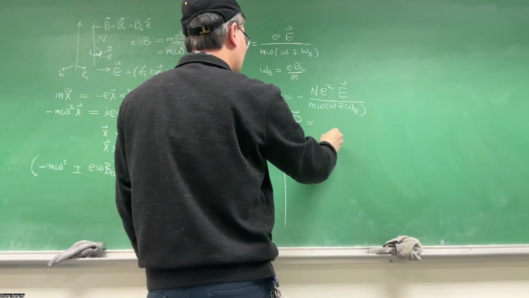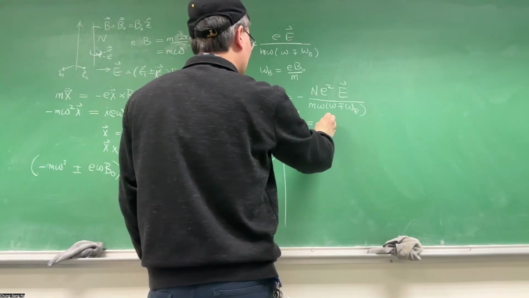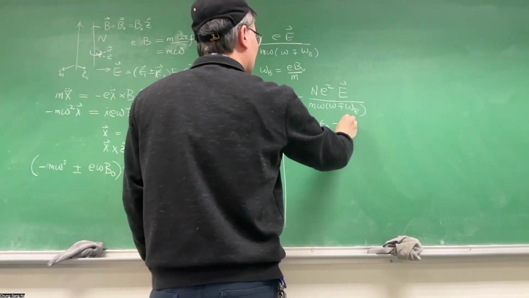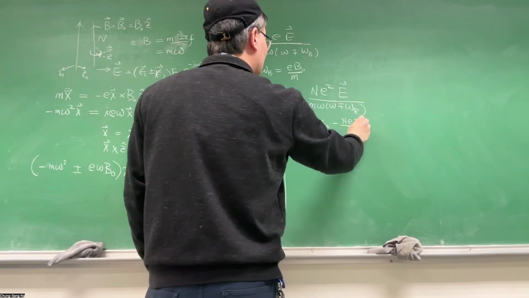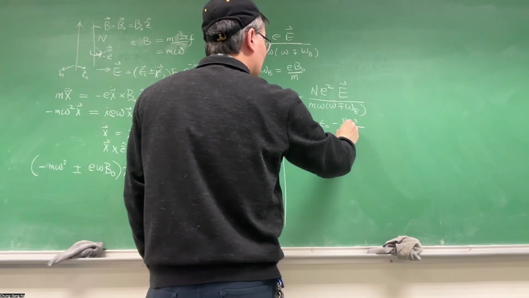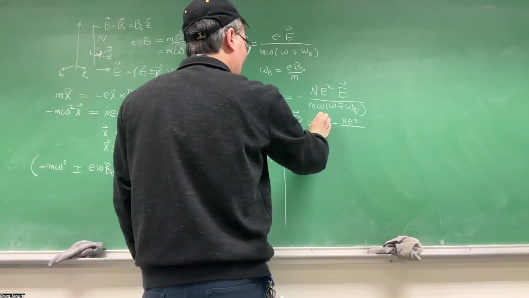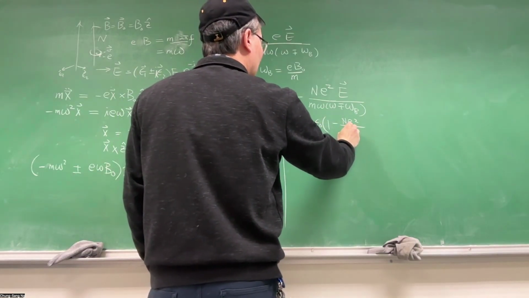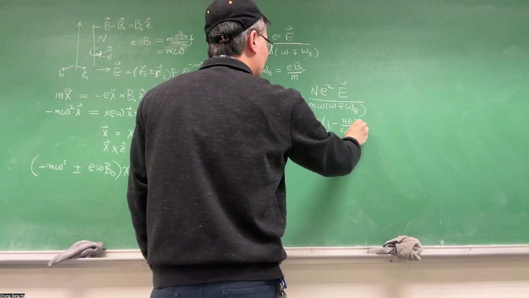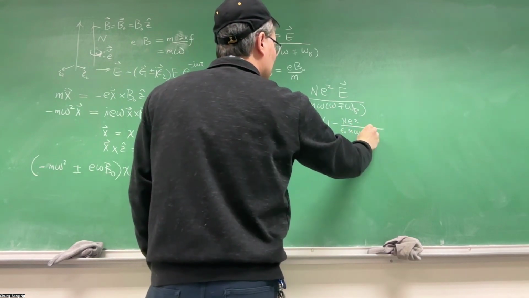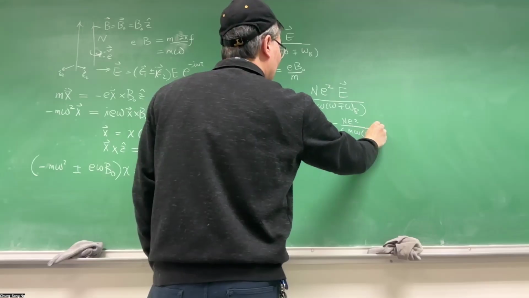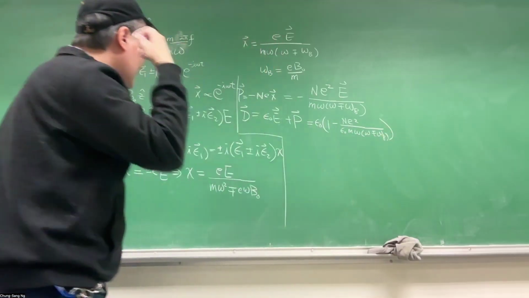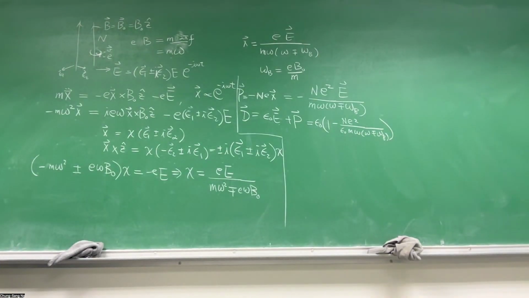So that is epsilon 0 minus E squared M. We actually want to pull out the epsilon 0. Yep, M, epsilon 0 M, then omega minus plus omega sub B. Okay.